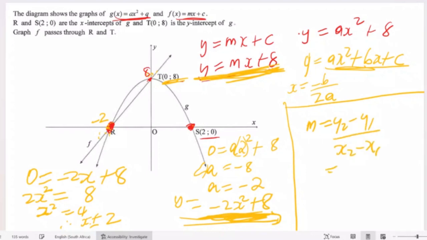Decide which one you're going to make your y1. We can use 8 as our y2 and 0 as our y1.